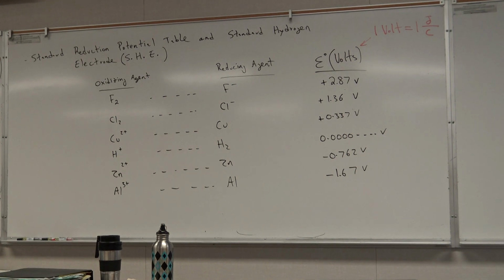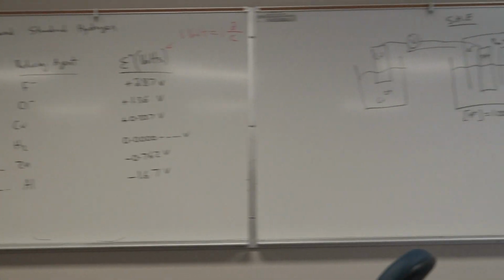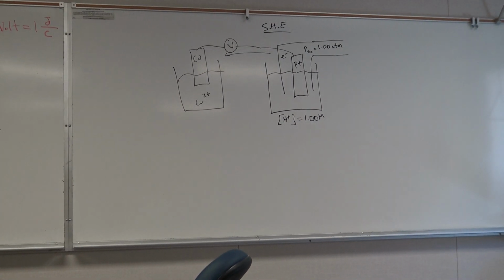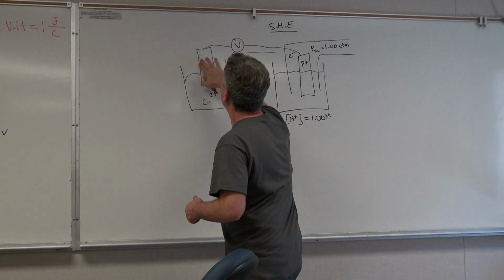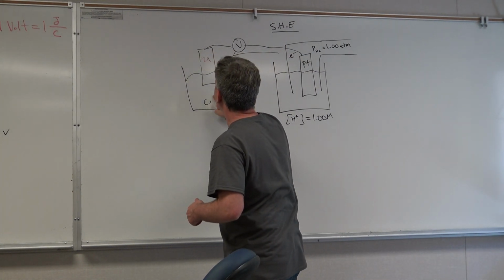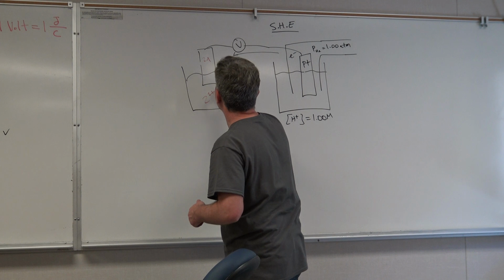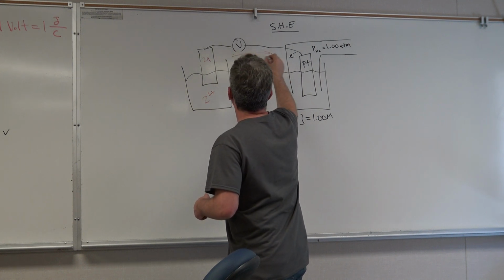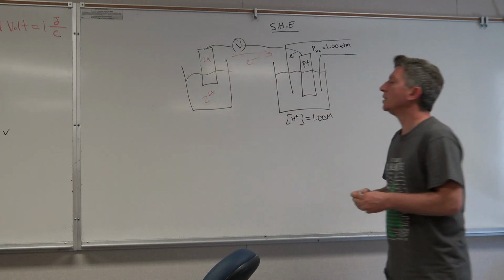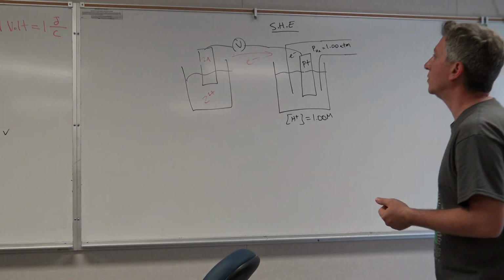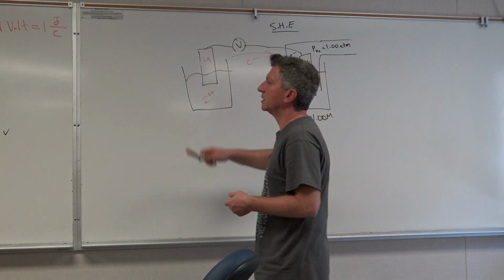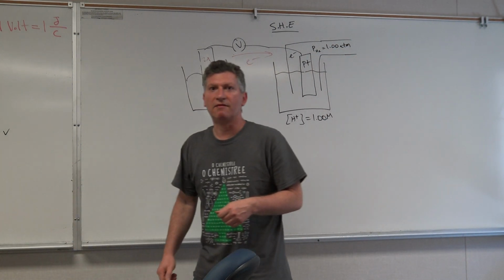So if you look at zinc, it's negative. So if I were to hook up a zinc half cell to this, then the electrons would be going the other way. They would go from the zinc half cell toward the hydrogen standard electrode, and so as a result, this would be minus 0.76.